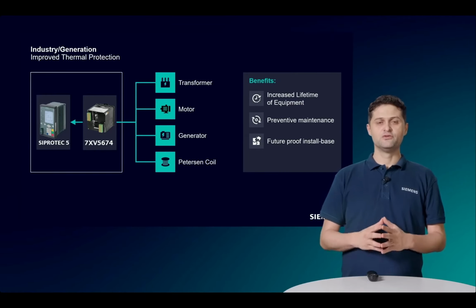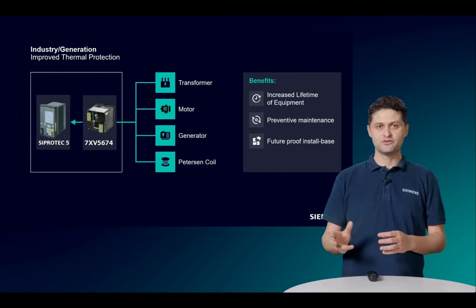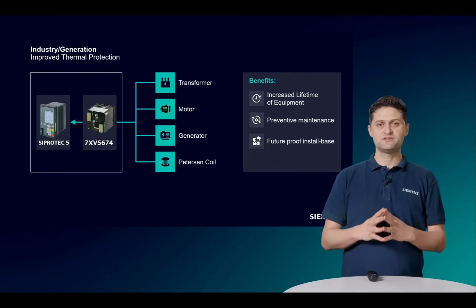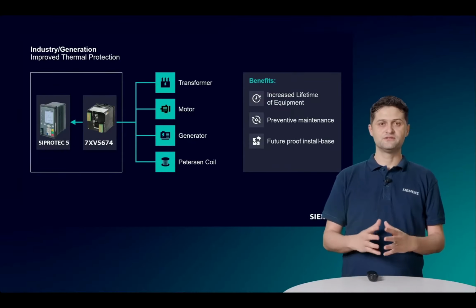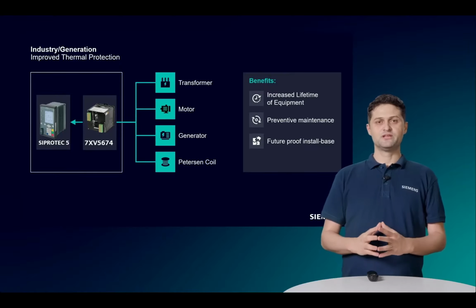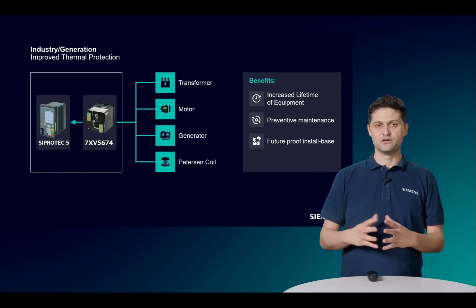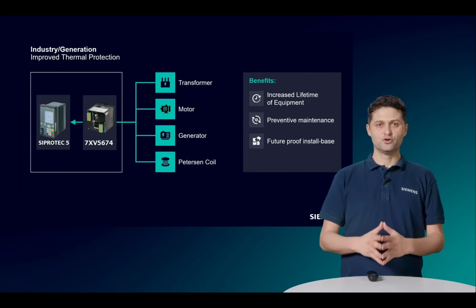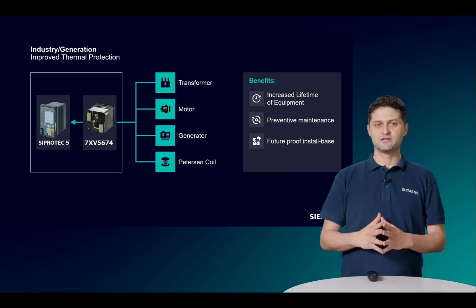With that, you will have more than simple monitoring of the temperature, but a complete improved thermal protection stage, which is field proven in thousands of SIPROTEC 5 install base. The same improvement can be implemented for transformers, motors, generators, or Peterson coils. Using Modbus client in SIPROTEC 5 will give increased lifetime of the equipment with preventive maintenance capabilities.